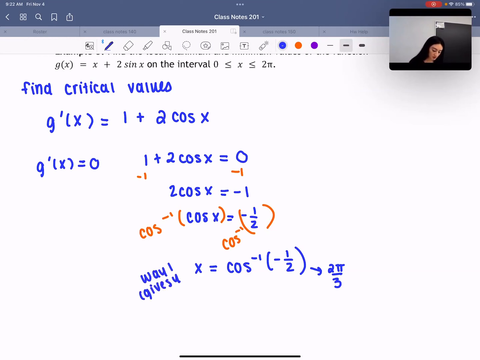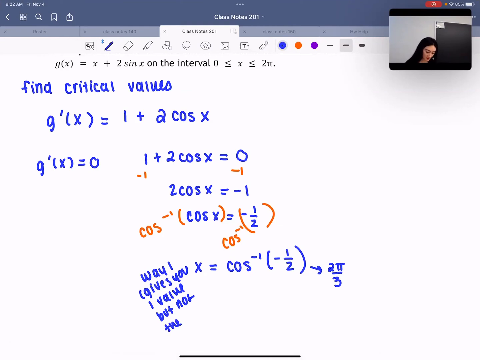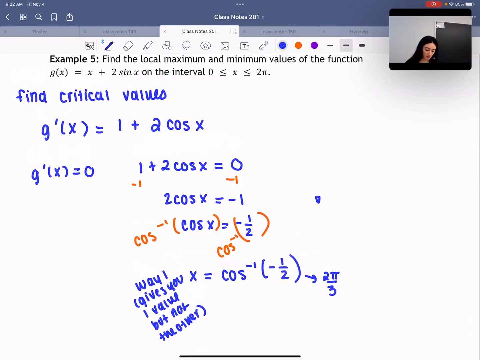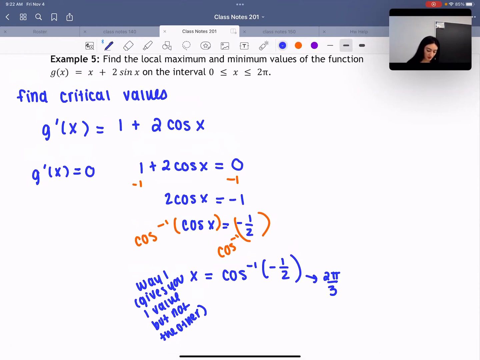It gives you a decimal value, like 1 point something. Yeah, it gives you one value, but it doesn't give you the other one that you're interested in. So the other way, way 2, let me write this in a different color.